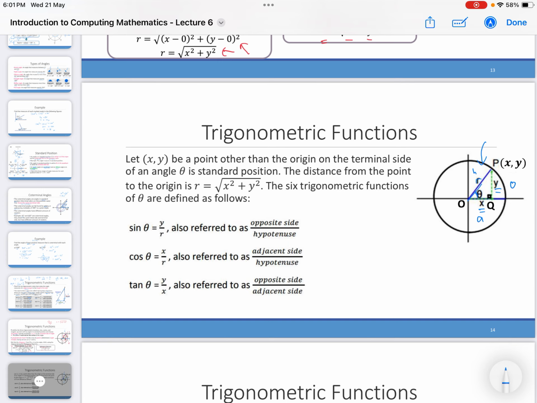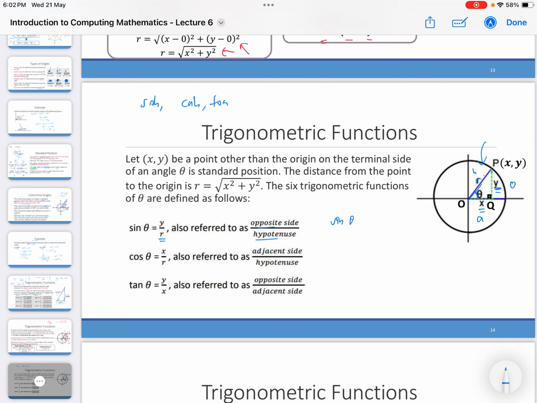So we know sine theta. Sine theta equals opposite over hypotenuse. The opposite is y over hypotenuse, which is r. So that's why we get the formula y over r.